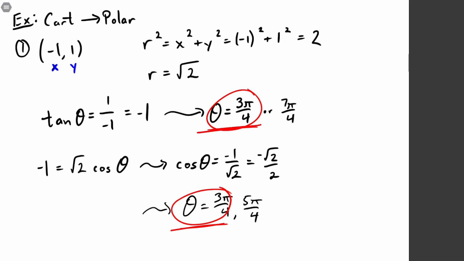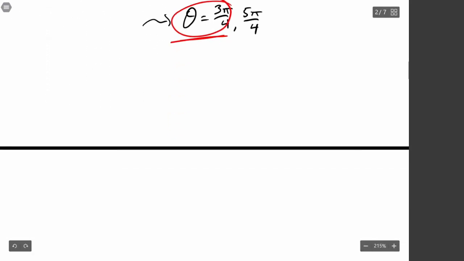So let's do one more of these, just to give you the picture of how this goes. I'll actually show it with my preferred method. I don't think the tangent cotangent stuff is the better way to go here. So we're going to start with 3 square root of 3, comma 3. Keep the numbers a little nice.